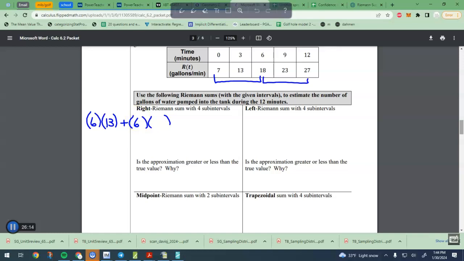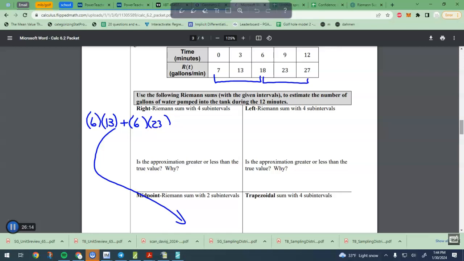To find the height, your endpoints are 6 and 12, so what's right in the middle is 9, and you use that to find the height. Is that alright? And then the trapezoid, I already found left and right, so I was averaging. I'm not going to do that big one. I think that's it. Is that all it does?